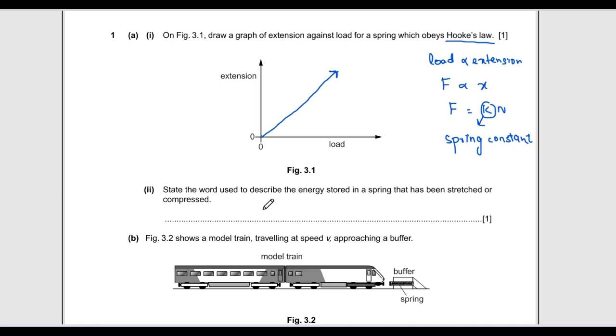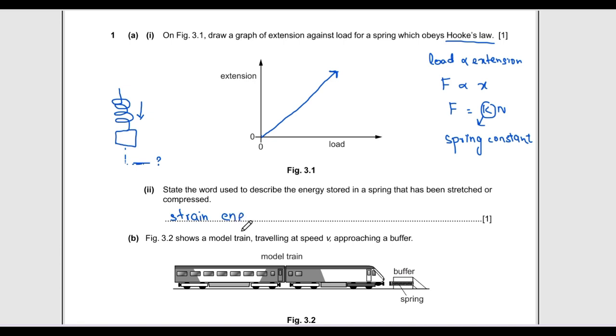State the word used to describe the energy stored in a spring that has been stretched or compressed. So what kind of energy is stored in a spring when it stretches or compresses? For example, this is a spring and we are just stretching the spring towards this point. So if we extend the spring towards this point, the energy stored in it would be strain energy.